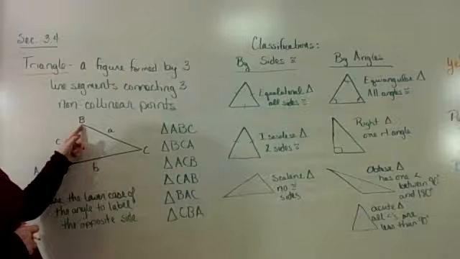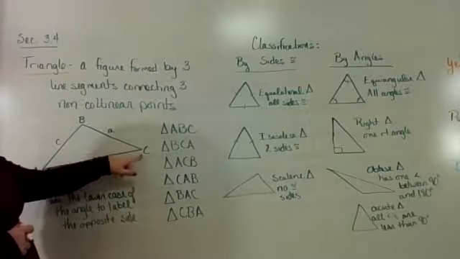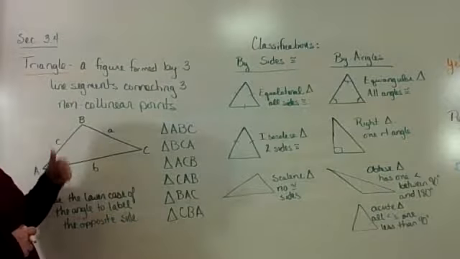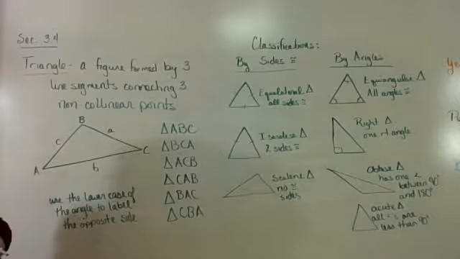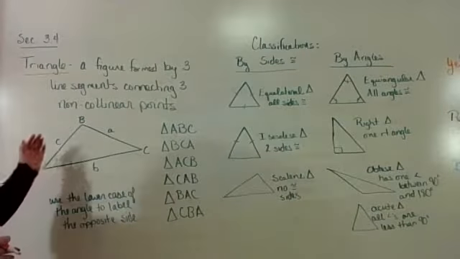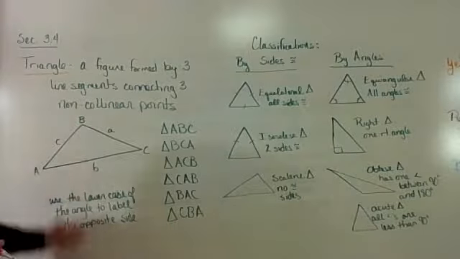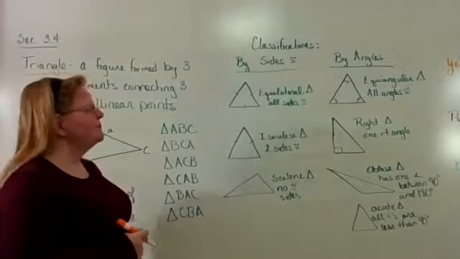Capital B for this vertex, opposite that side is my lowercase b. Capital C for this vertex, opposite that side is my lowercase c. So that's the way the sides get named, and every book sticks with those. So when you're talking about the sides of a triangle, just understand that you use the opposite letter to get that side.